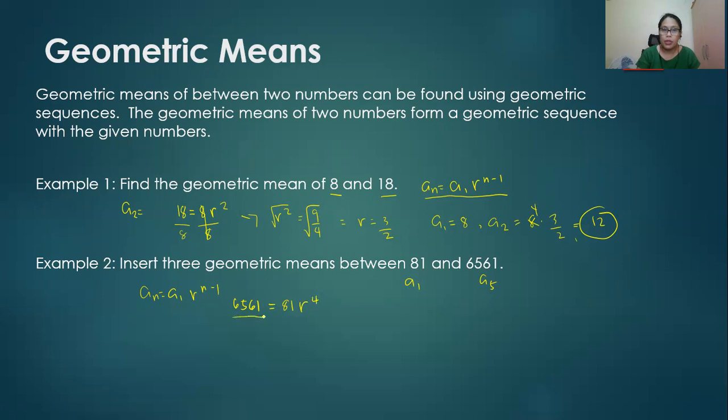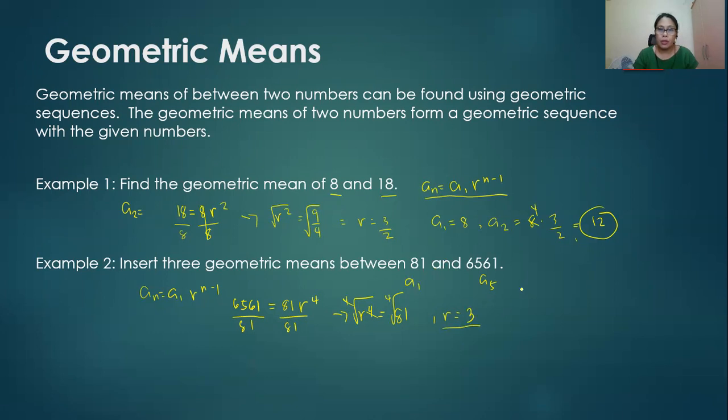So we divide both sides by 81. So r to the fourth equals 6561 divided by 81, which is 81. Extracting the fourth root of both sides, we obtain r equals 3.